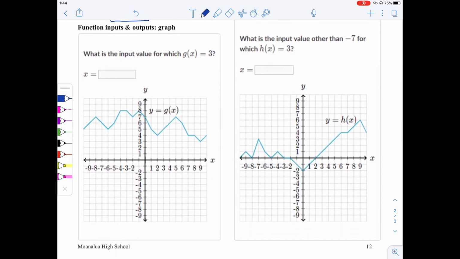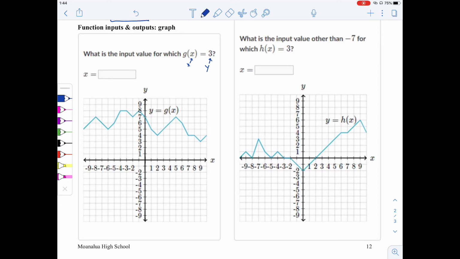Okay, next part, function inputs and outputs using a graph. What is the input value for which g of x equals 3? So this one's the same thing, right? It tells you the x, or it doesn't tell you the number, but it tells you what the answer is, which is the y.